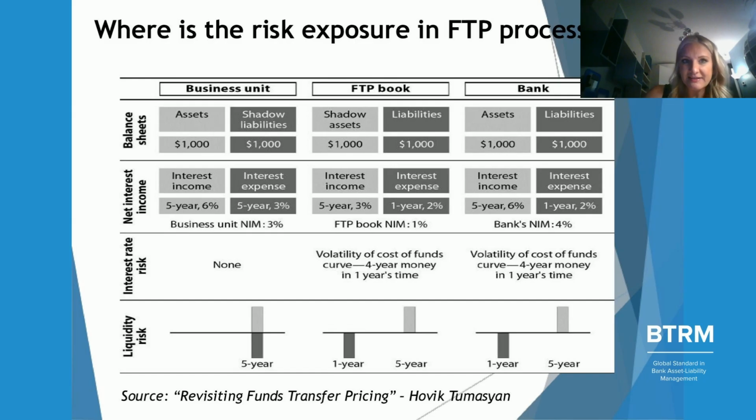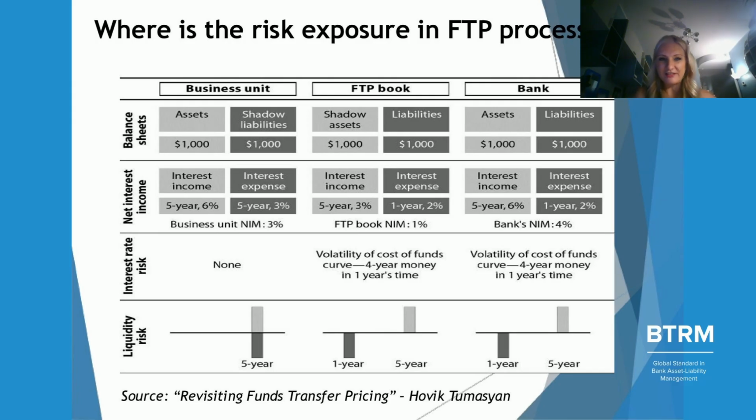And this is where you see the split. On the asset side, you have this 1,000 units of asset, and we are matching it with a virtual liability. This is why we call them shadow liabilities, matched exactly by amount, by volume, and by tenor. This asset is paying the 5-year FTP.